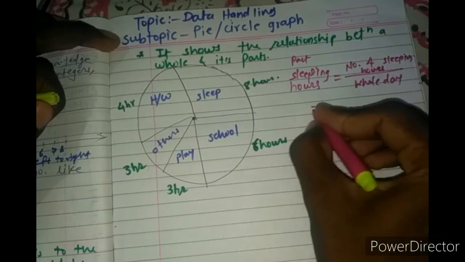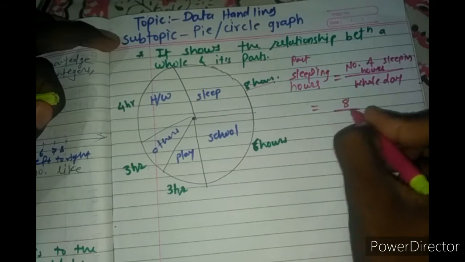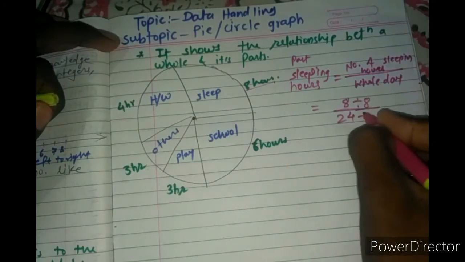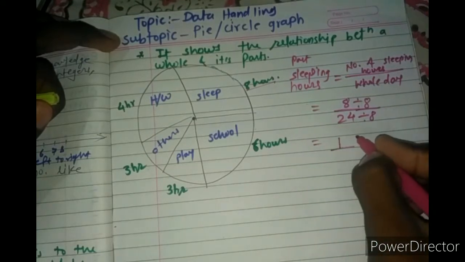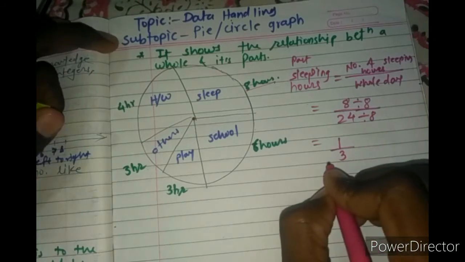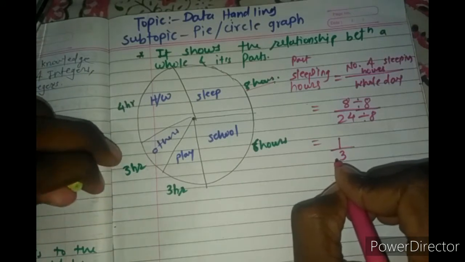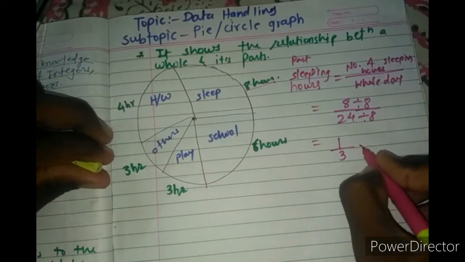From the diagram, the number of sleeping hours is 8 and the whole day is 24. So naturally we will divide by 8. You will get 8 ones are 8 and 8 threes are 24. So the proportion of the sector is 1 by 3.